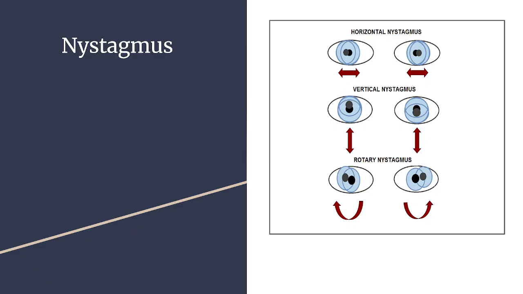The disorder may be present at birth, that is congenital nystagmus, or acquired later in life. This is acquired nystagmus. Congenital nystagmus is caused by albinism, absence of irises, optic nerve malformations, and congenital cataract if left unoperated within 6 months of birth.